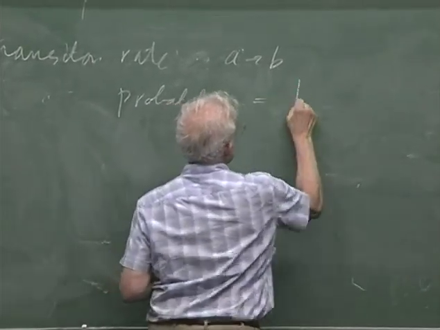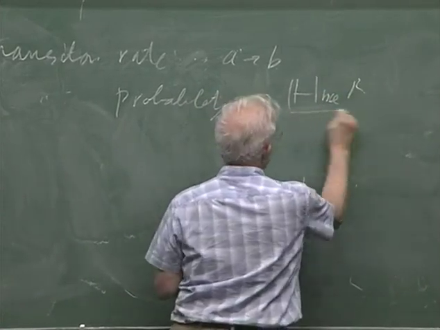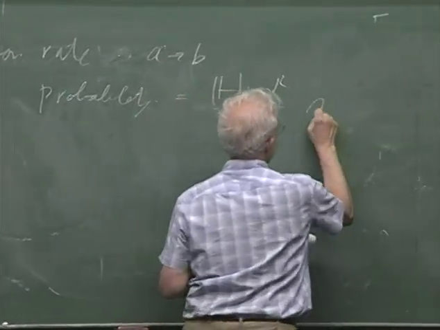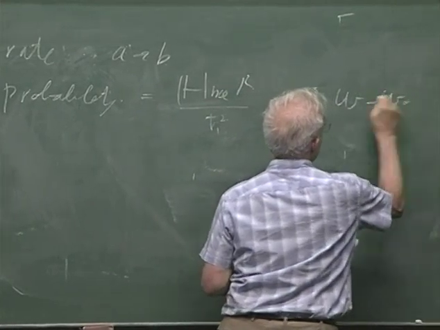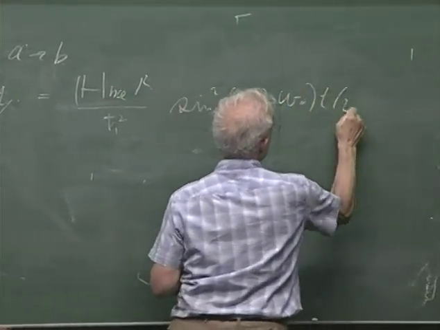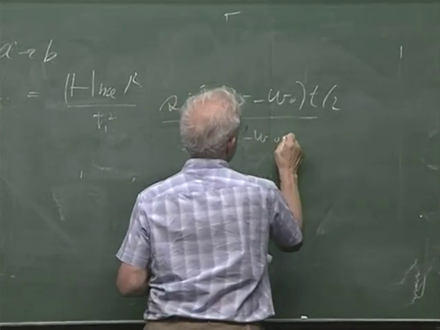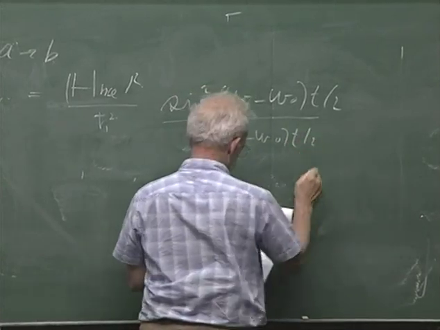This is just going to equal |H_BA|² over ħ² times sin²((ω − ω₀)T/2) divided by ((ω − ω₀)T/2)².